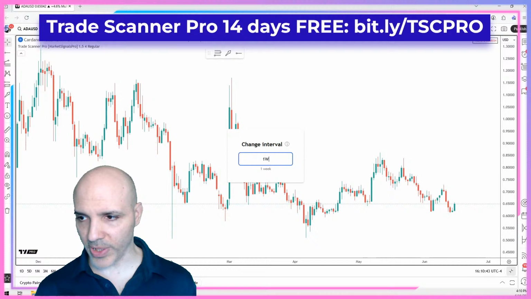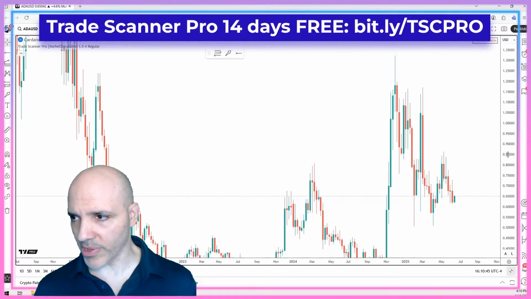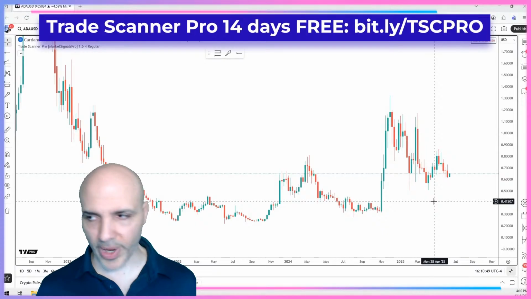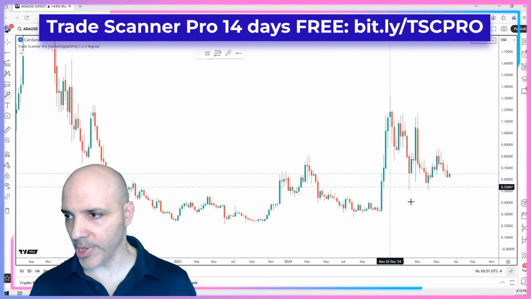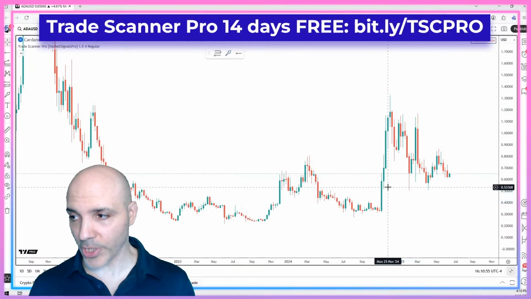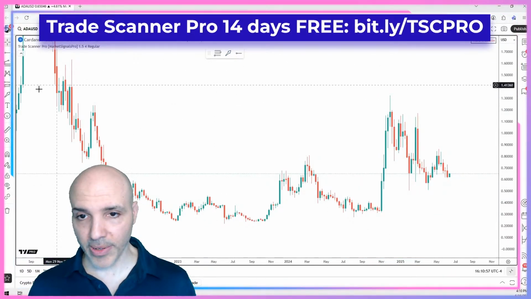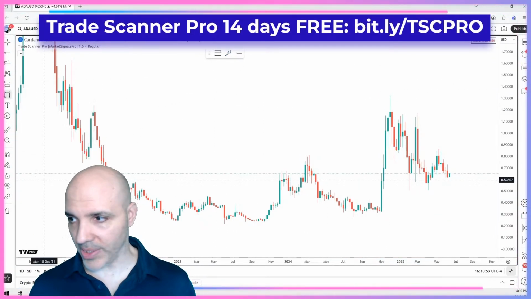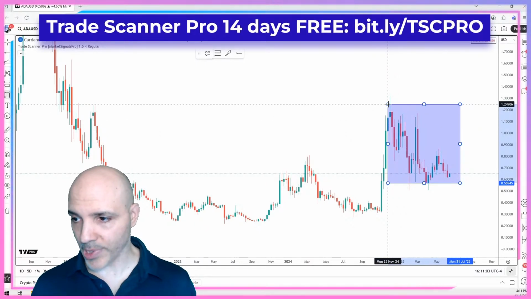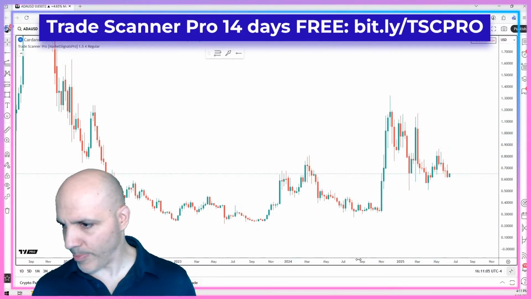Anyway, let's take a look at the weekly time frame. So here's Cardano on the weekly. It looks very similar to XRP in a sense. We had this initial move right here. That's the election. And since then, we've just been in this consolidation, and it's pretty nasty. Do we have an impulse here? Let's see.